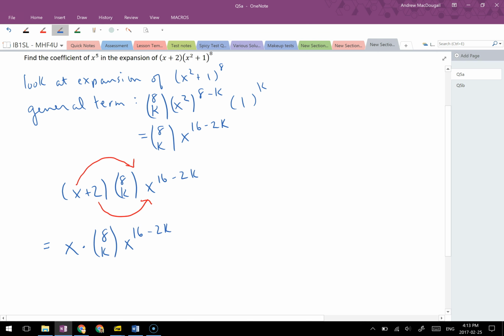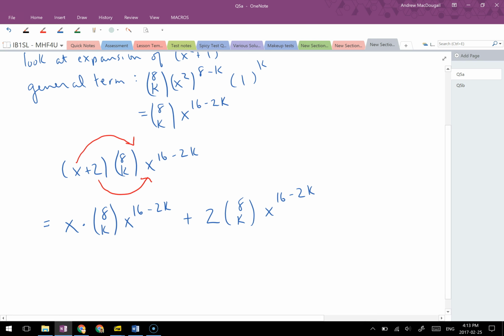Some terms will look like this, and other terms will look like this. And we can simplify the left term a little bit further, because x is x to the power 1. So if we combine it with the x factor that's already there, we get 8 choose k times x^(17−2k).